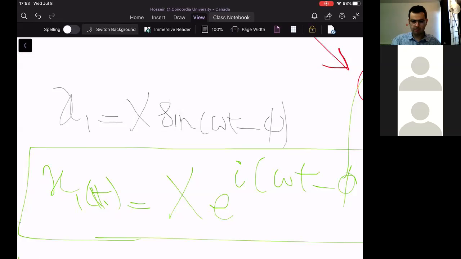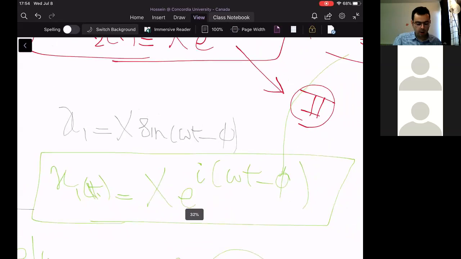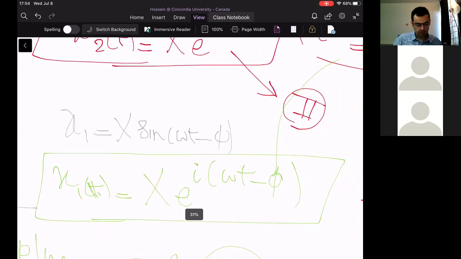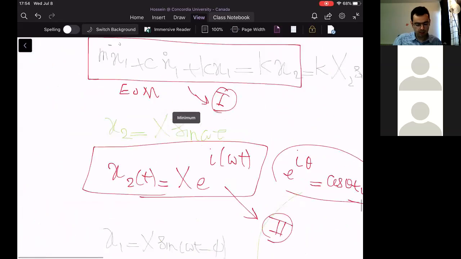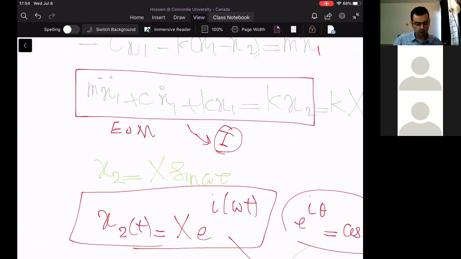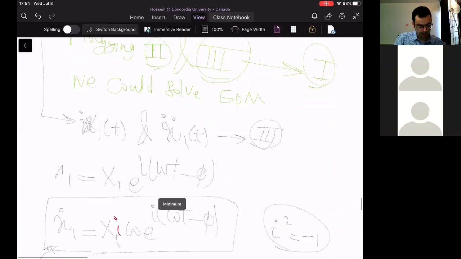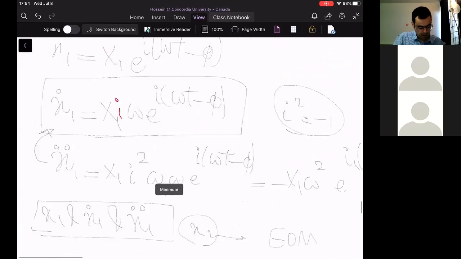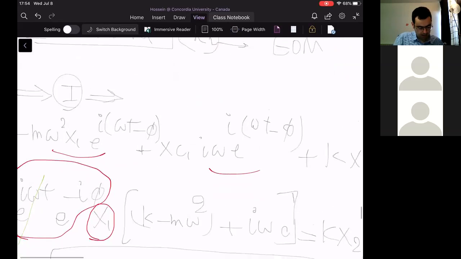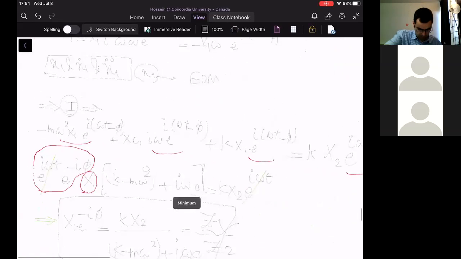If we don't have damping, phi will be 0. So for simplicity, we wrote x1 of t as capital X e to the i (omega t minus phi). So we could easily plug in x1, x dot 1, and x double dot 1 and solve for X. We took derivatives in order to find x dot 1 and x double dot 1, and then plugged all the terms into the equation of motion.